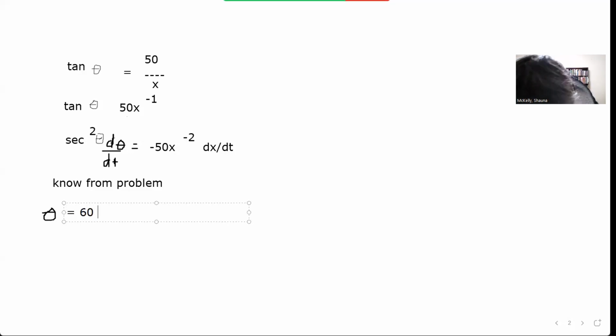60 degrees. And we know that my d theta dt is decreasing at negative 1/4 radian per hour.